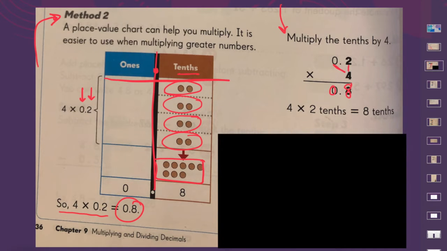And we look in the factors to see how many place values are behind the decimal point. Well, there's one digit behind the decimal point, and that means that in our product, we also need 1 digit behind the decimal point. So our decimal point would go right here when multiplying 0.2 times 4.